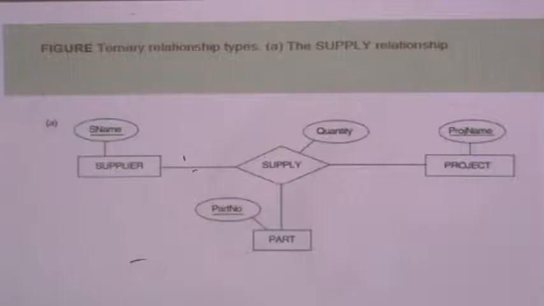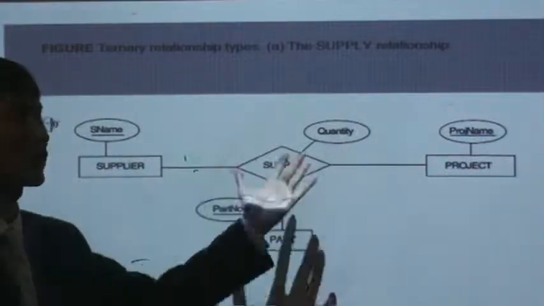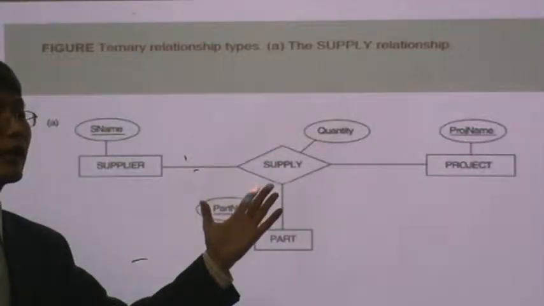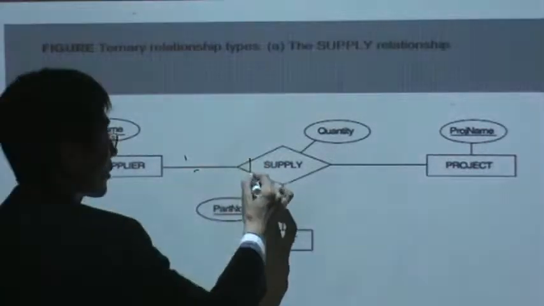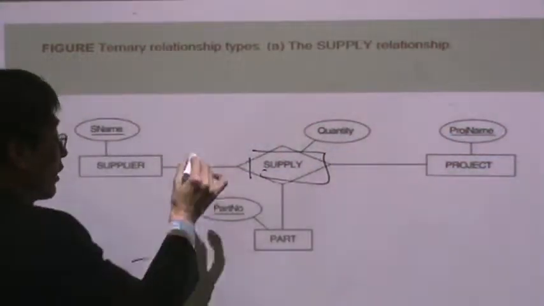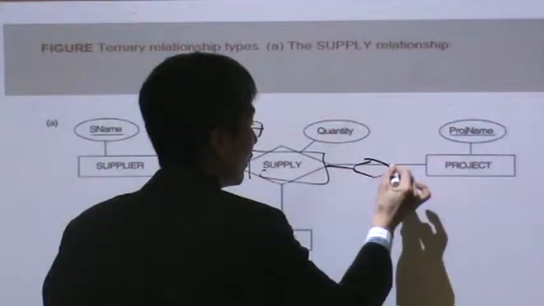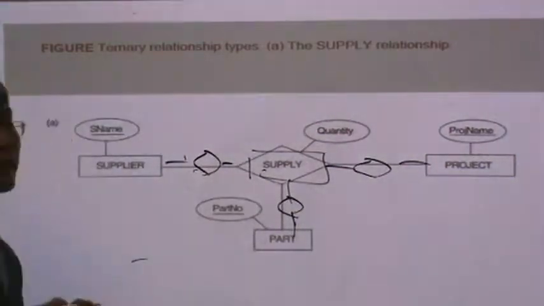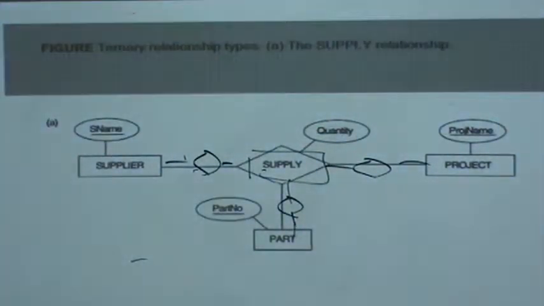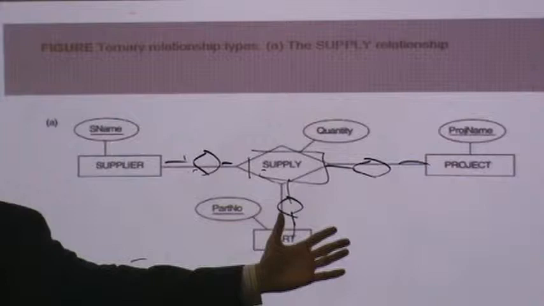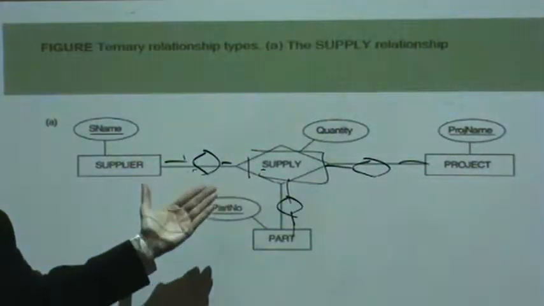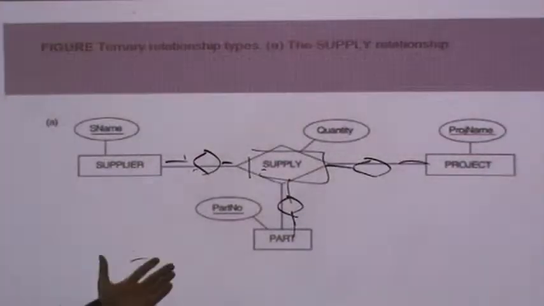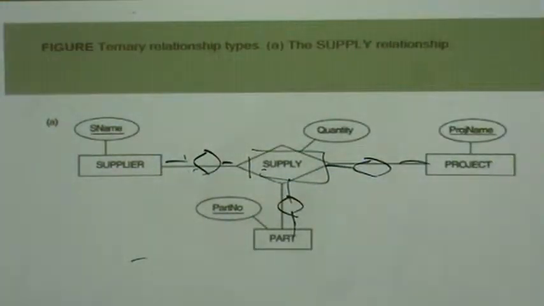Do you remember that? When we understand such a ternary relationship, one of the ways is to create an entity and create the 3 one-to-many relationships. We can use this approach to convert it into the relational model.